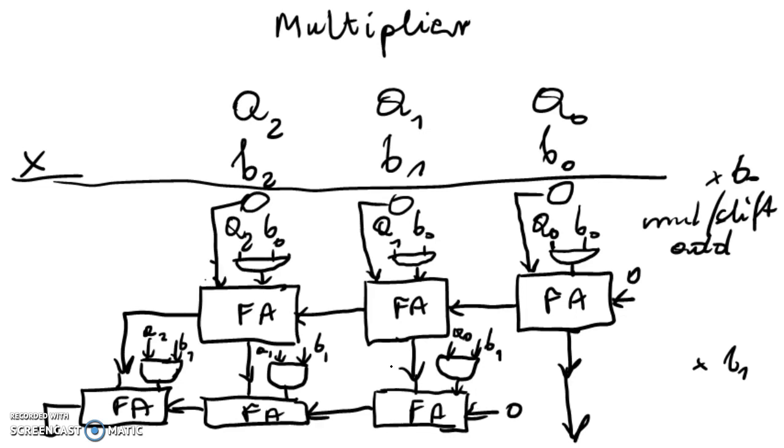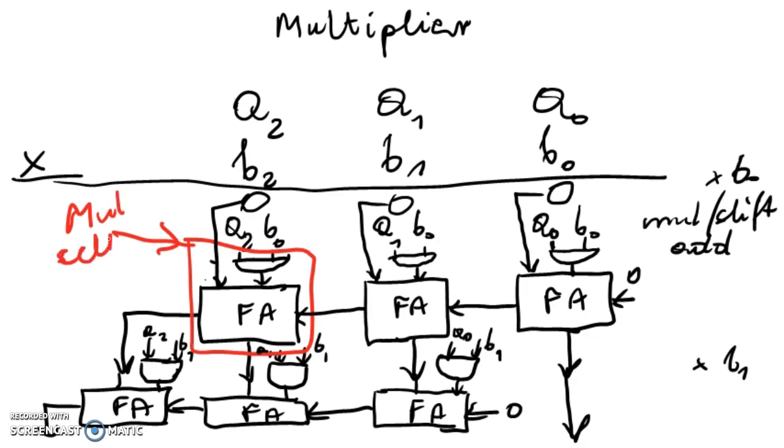So looking at these, the structure is very regular. You can derive a multiplier cell, let's say mul cell, an iterative cell, which consists of a well-known full adder cell and a single gate. So if you equip a full adder with a single gate on one of the inputs, you will have a multiplier cell.